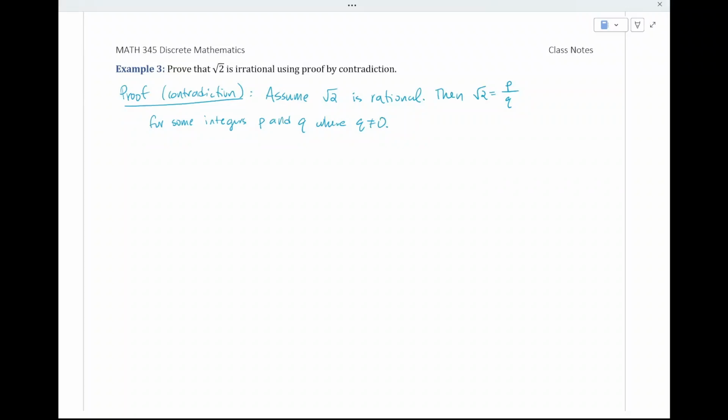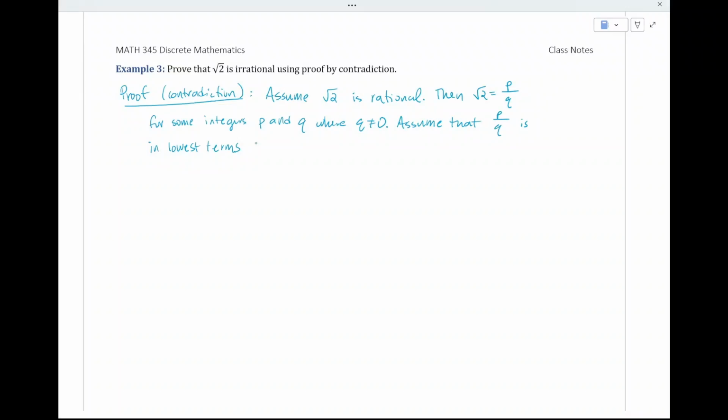We're also going to assume something else about P over Q. Every rational number can be written in lowest terms, so we're going to assume that as well. We are going to assume that P over Q is in lowest terms. And to be in lowest terms, that means that P and Q don't have any factors in common. If they had a factor in common, you could factor that out and cancel, and then it wouldn't be in lowest terms.